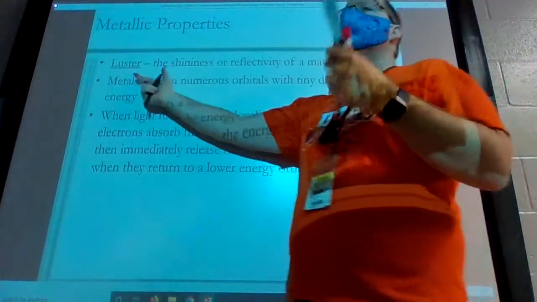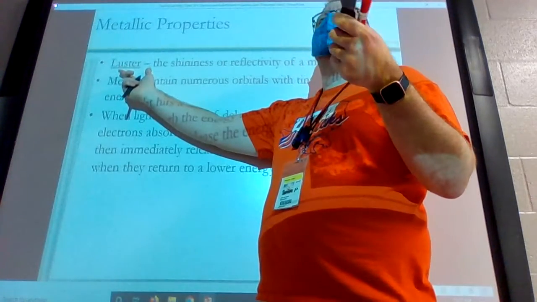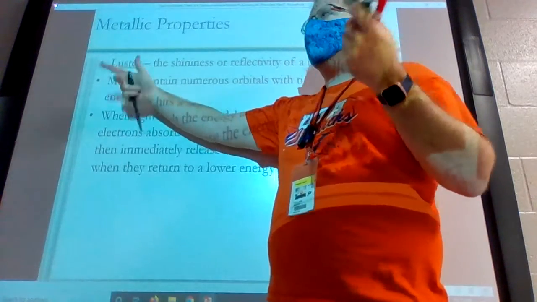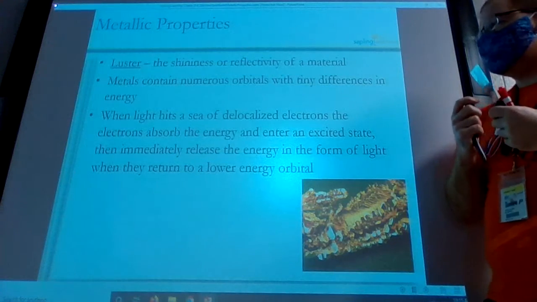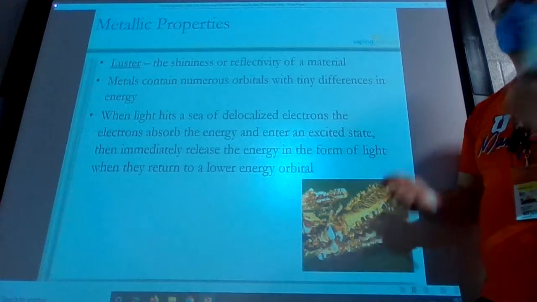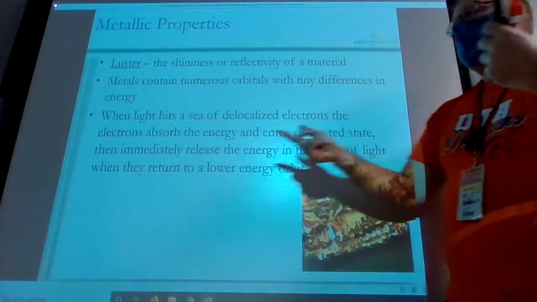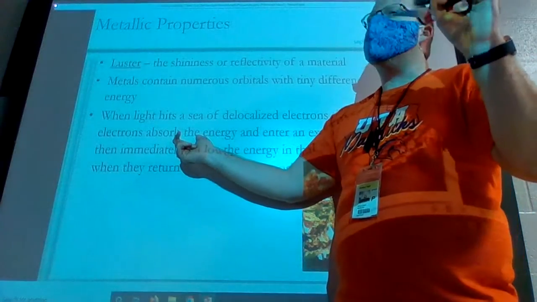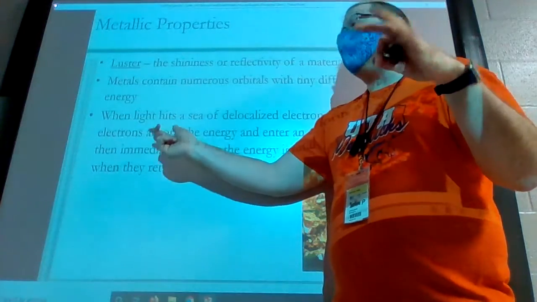So your luster is your shininess. Specifically, if you take geology or earth and space, we'll talk about metallic luster. It's its own kind of shininess. The reason metals are so shiny in a different way than everything else is that when light hits that sea of electrons, it's actually absorbed. Not all of it. Metals do reflect some light, but some of it is absorbed.